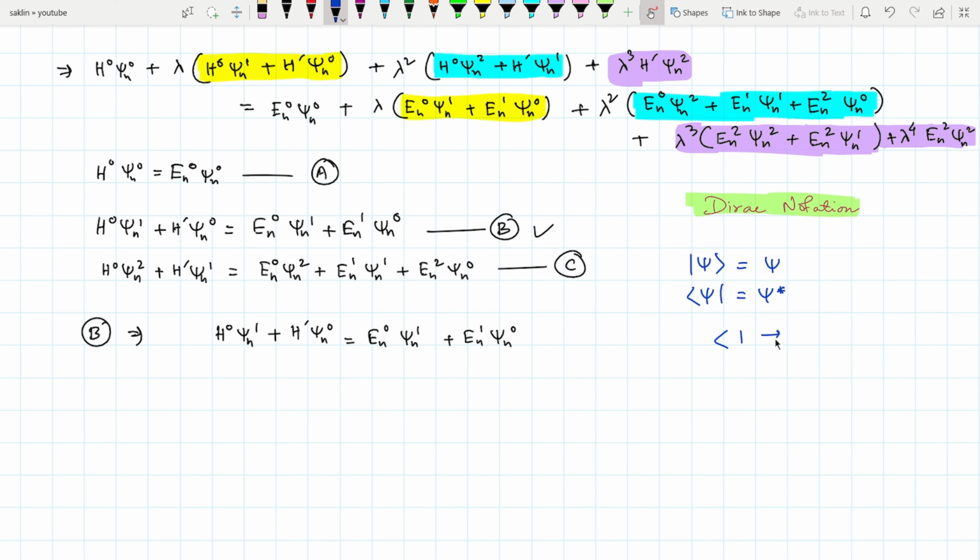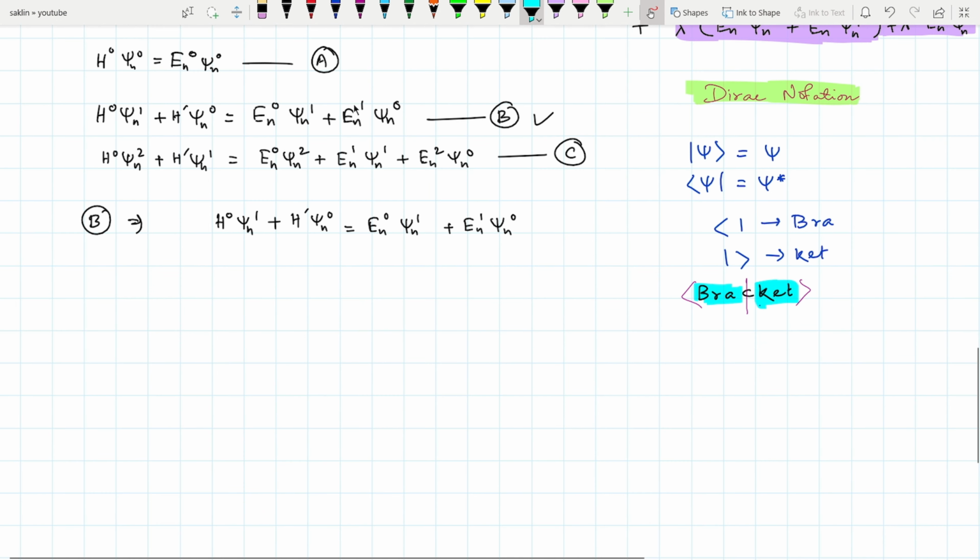This is said to be bra and this is said to be ket. Okay, now you can remember this thing just like this. Now from C you can break it. This is bra and this is ket. I hope you know about it.